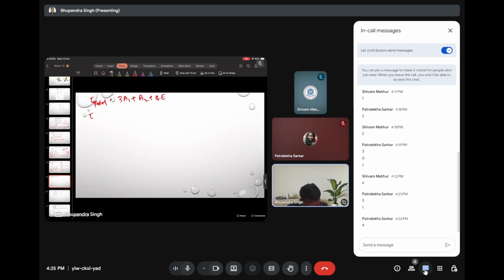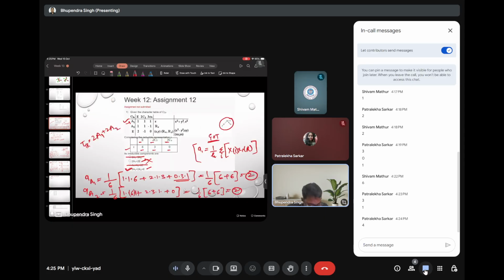Now tau translational. Look at this character table of C3v and tell me what will be the symmetry species in the translational irreducible representation.